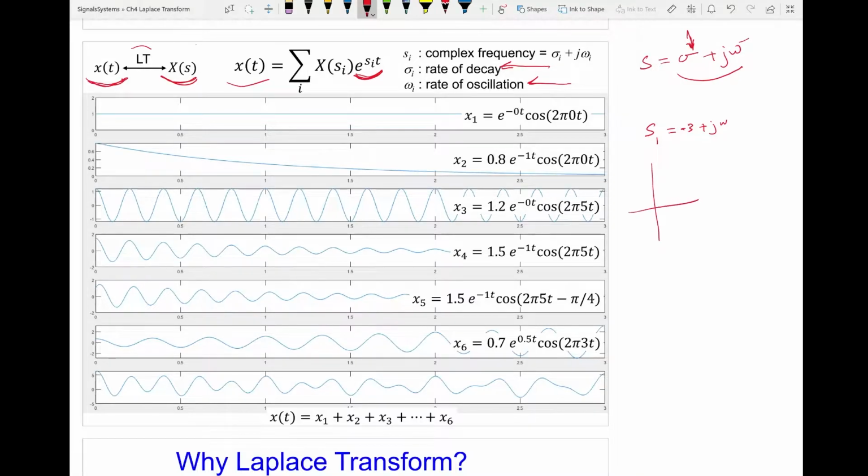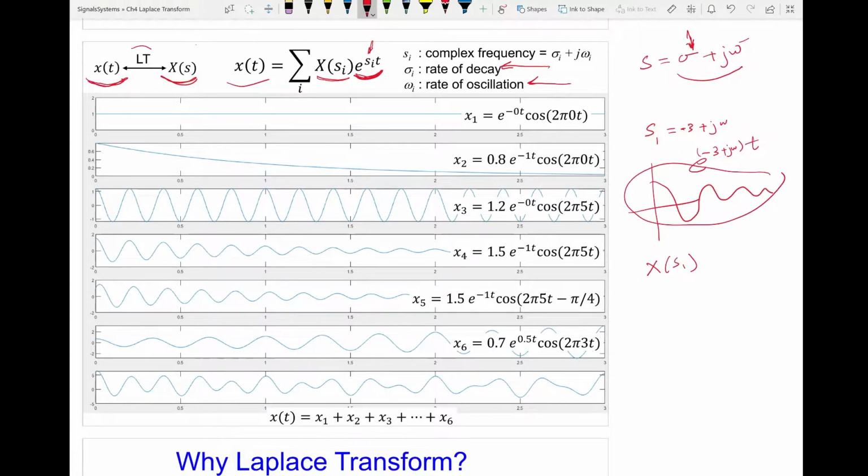And if you plot it, it may look something like this. Now this has a different frequency content, and each one of these has a strength, which is X of s_i. So X of s1 is just the strength of this signal.